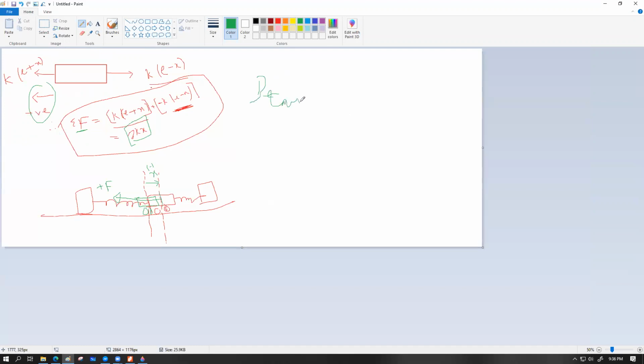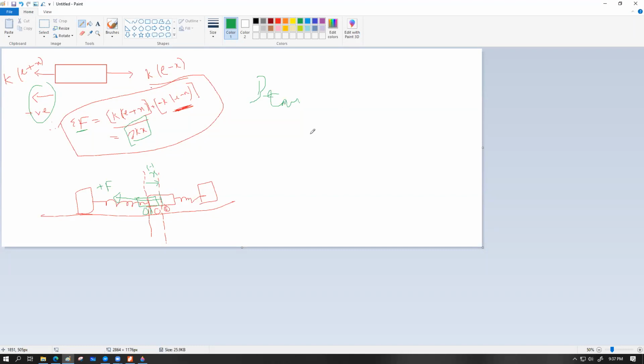Because force and displacement are both vector quantities, and in the case of the trolley, the displacement and the force experienced by the trolley work in opposite directions. Or you can say when the trolley is moved to the right, the force working on the trolley is working in the left direction.